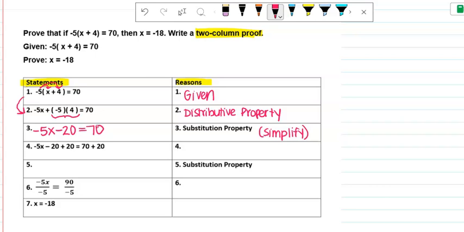Okay. From 3 to 4, it gives us the statement. Hopefully you're noticing the difference is that this plus 20 on both sides. You might not need to show that plus 20, and that's okay. If you're showing that you're adding to both sides, this is going to be our addition property of equality.